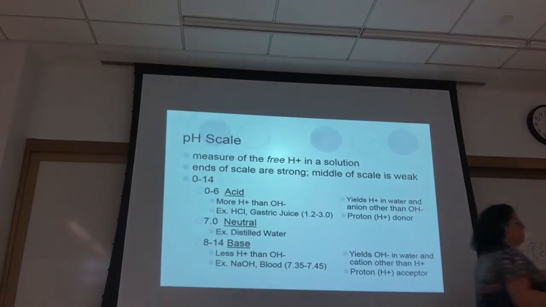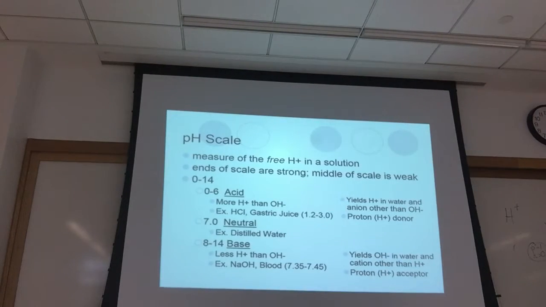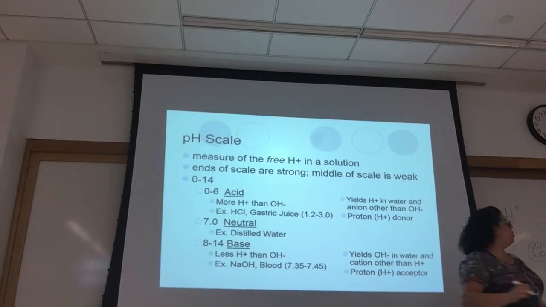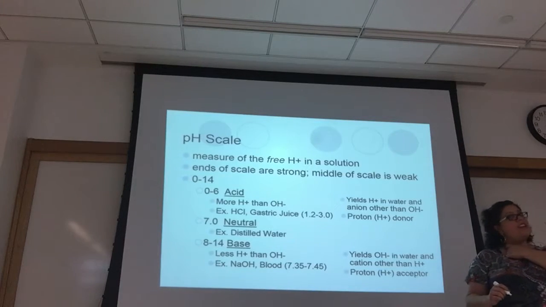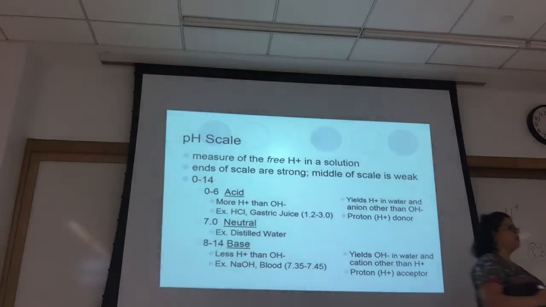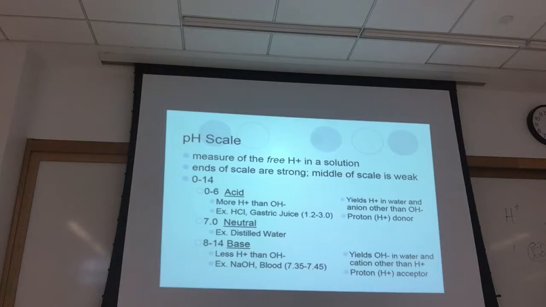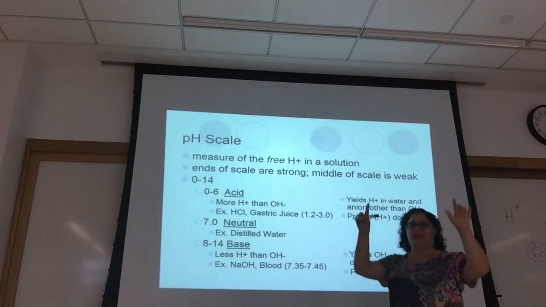And in the middle, I have neutral substances. So the neutral substance is water, pure water. How would you describe the concentration of hydrogen and hydroxide ions in water? Neutral. They're equal to each other. The concentration of hydrogen ions is equal to the concentration of hydroxide ions. The brackets just mean concentration.